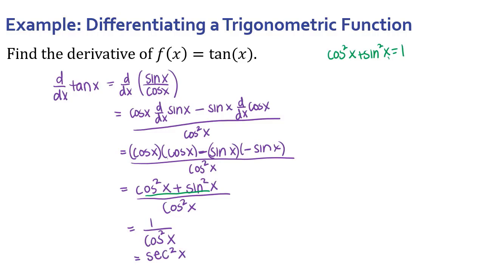So again, 1 over cosine is secant. So that's how I can replace that. You can use this same exact strategy if you ever needed to prove the derivative of the cotangent of x, the derivative of the secant, and the derivative of the cosecant.